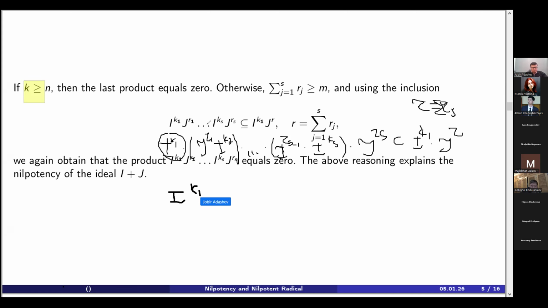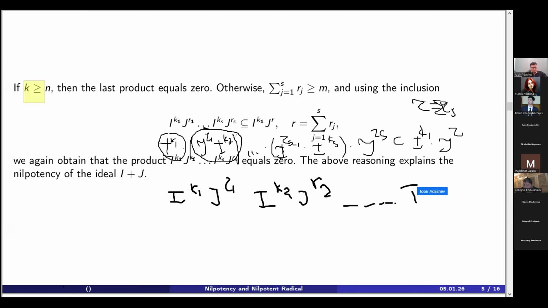Because J^r1 I^k2 is a subset of J^r1. But it is just an explanation.